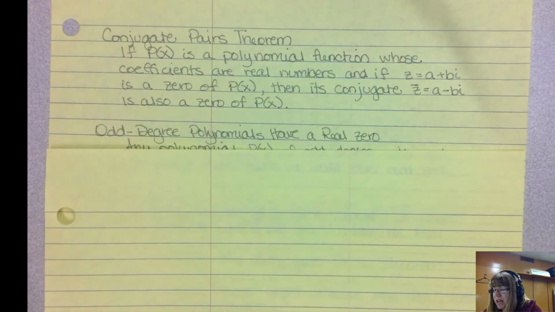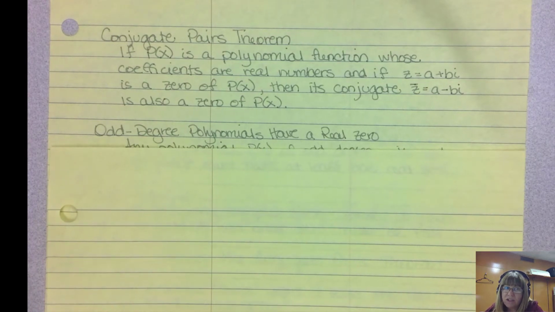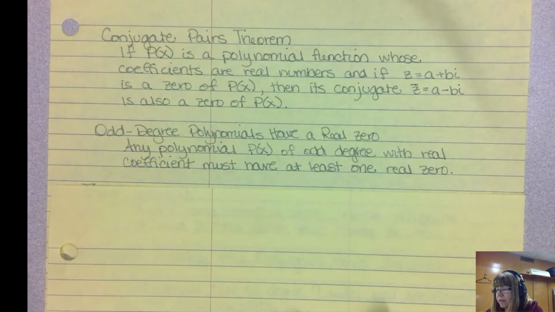Odd degree polynomials have a real 0, because remember, if we have complex zeros, those come in pairs. So of course an odd degree is going to have one left over. Even if all the other pairs are complex, it has one left over, and therefore we have at least one real 0.